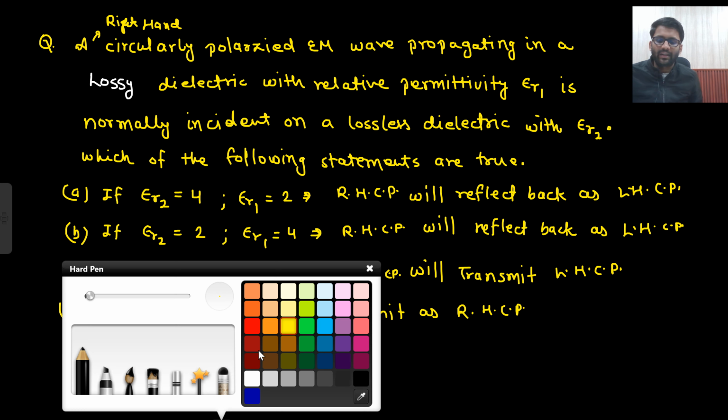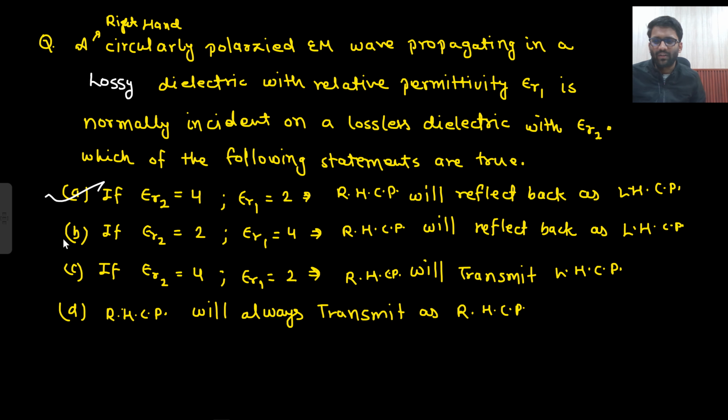So which statements are correct? 1, 2 and 3 are correct, because at transmission you will always get RHCP, and at reflection the circular polarization will change, right hand to left hand, no matter what the value of gamma is. Okay.